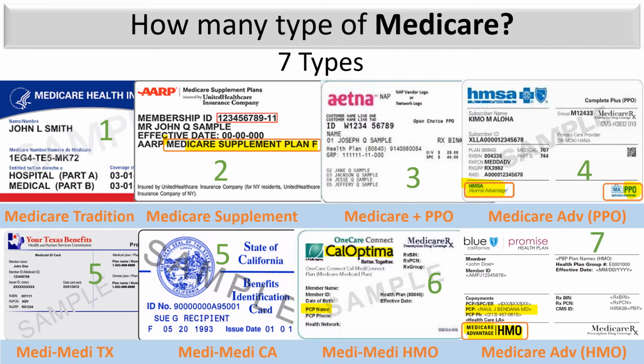Type 1 is Medicare traditional, type 2 is Medicare supplement. In the future, if I change the numbers around, it doesn't matter what number I put. The main thing is the insurance type, which is Medi for number 5 and Medi HMO for number 6.